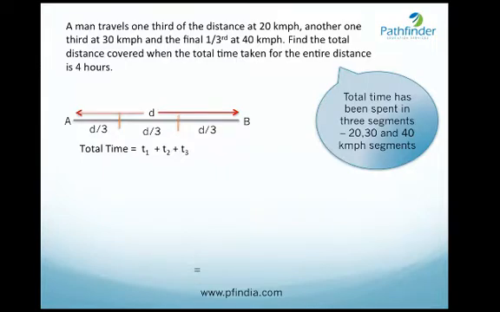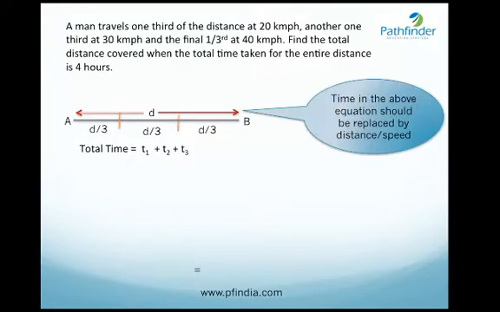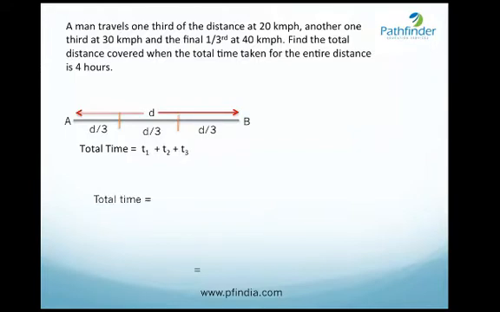So what is our basic equation? Total time is equal to T1 plus T2 plus T3, which are the times required in the first, second and the third segment respectively. Now replace time in the above equation by distance divided by speed for each of the segments. So what do you get? Total time is d by 3 upon 20, which is the time required in the first segment, T1.